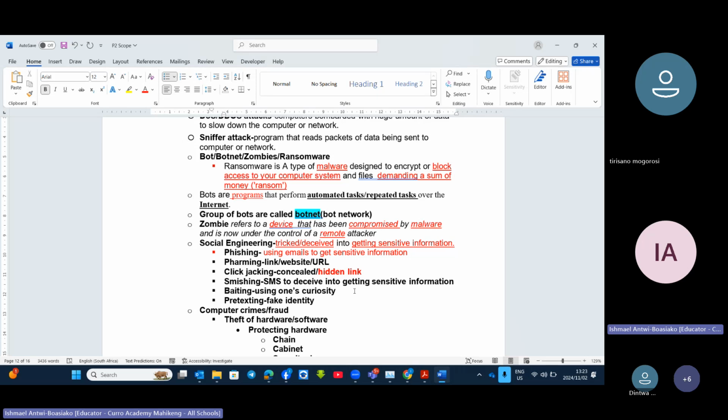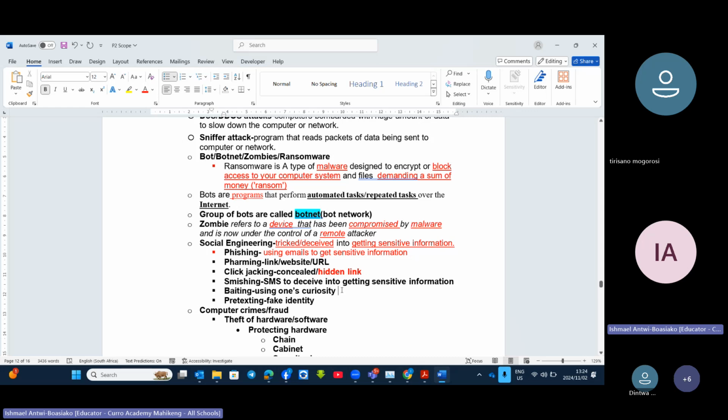And then after that, they will give another amount. So you want to see what will happen when you respond to that message. Because you are curious, you are deceived into giving sensitive information. And that's what we call baiting. It can even be on a phone, and they call you, then you are curious, you respond to their demand, and they get your sensitive information.